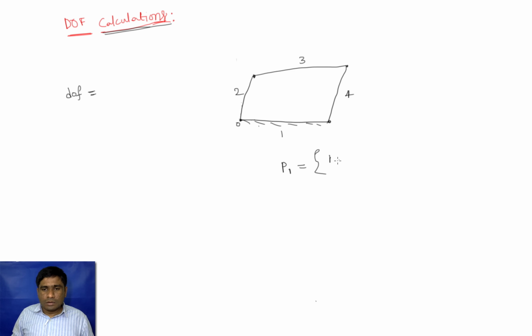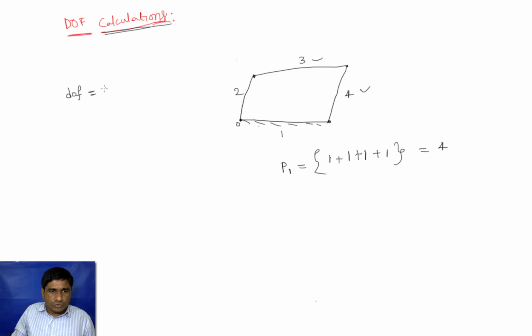So 1 plus, between link 2 and 3, again a pair having degree of freedom 1, and between 3 and 4 again a pair having 1 degree of freedom, and link 1 and 4 also has degree of freedom 1. So altogether how much? This is 4.